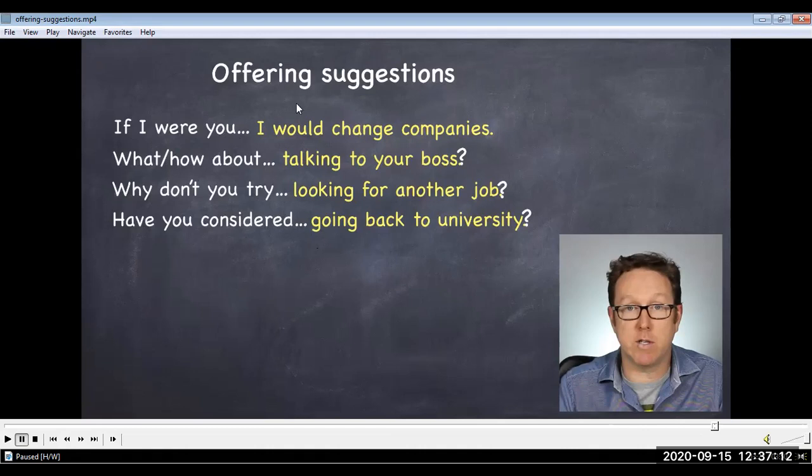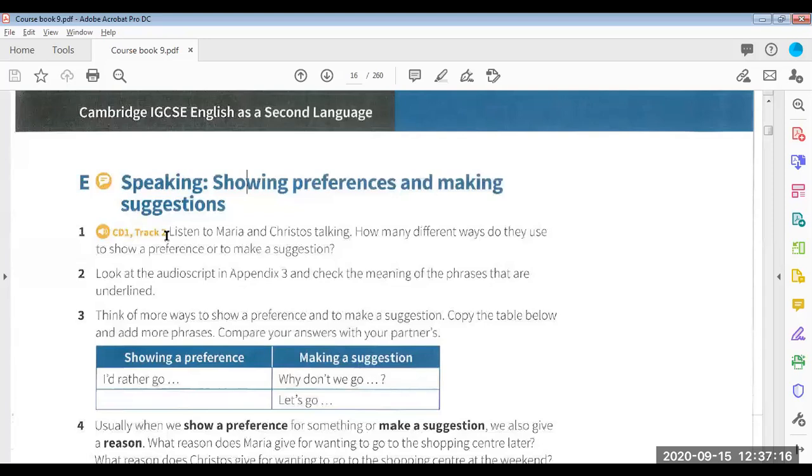So after watching the videos, we listened to the track and we started exercise E. The track was about listening to Maria and Christos talking: how many different ways do they use to show preferences or to make a suggestion.